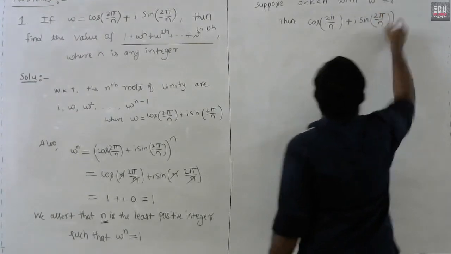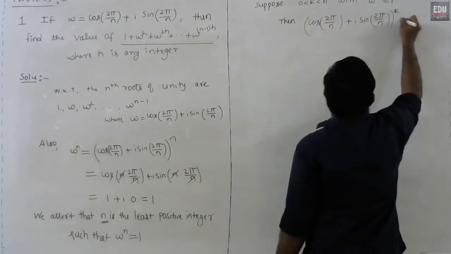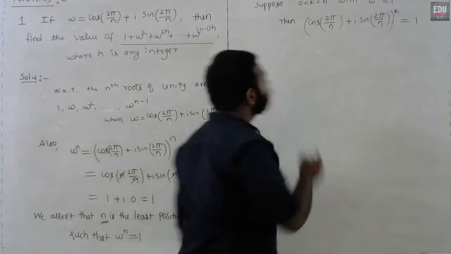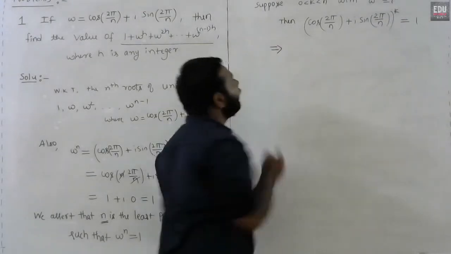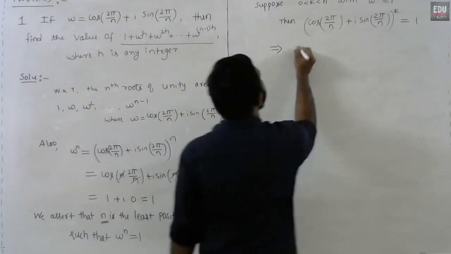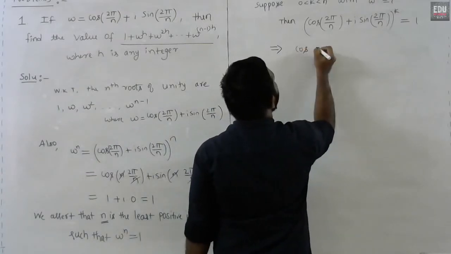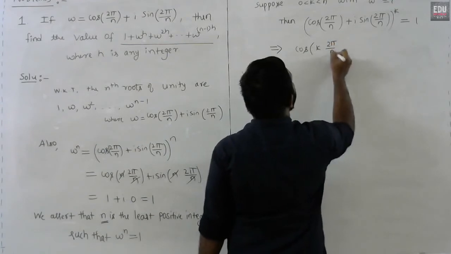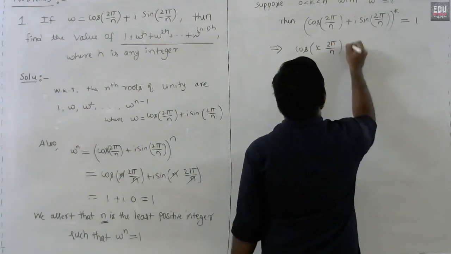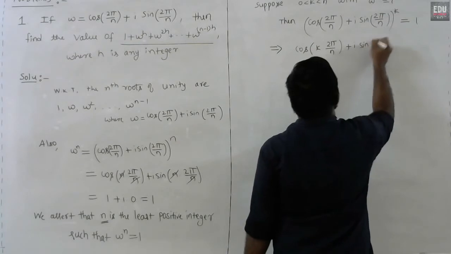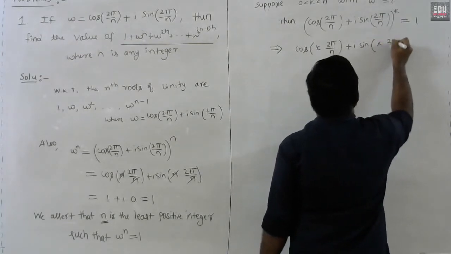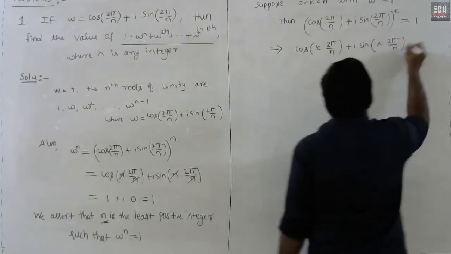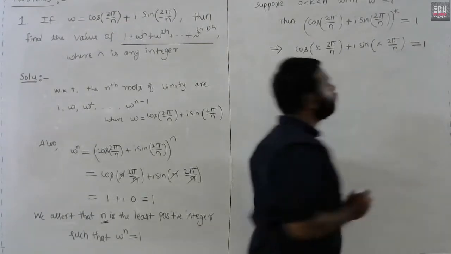This is omega. So power k has to be equal to 1, which implies, once again using De Moivre's formula, cos k into 2 pi by n plus i sin k into 2 pi by n has to be equal to 1.